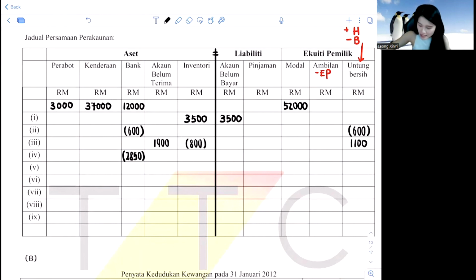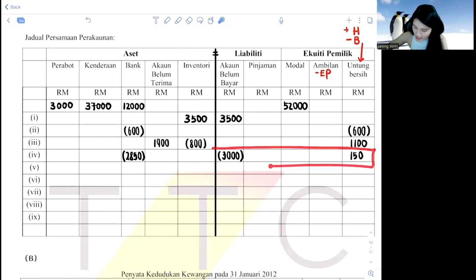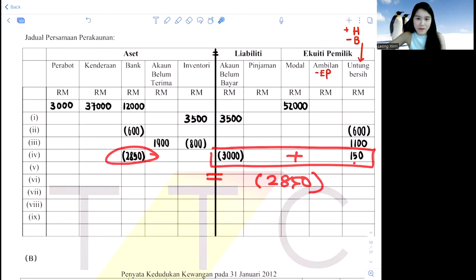Account belum bayar cleared 3,000. But how can I clear 3,000 with just 2850 worth of check? It's because they decided to give me a discount of 150. So can you see? 3,000 in negative plus 150, your answer on the other side is negative 2850. Isn't it balanced with this side? That is what we want.